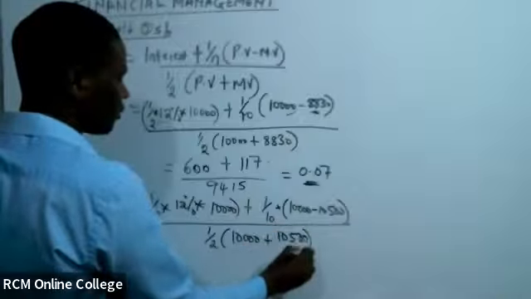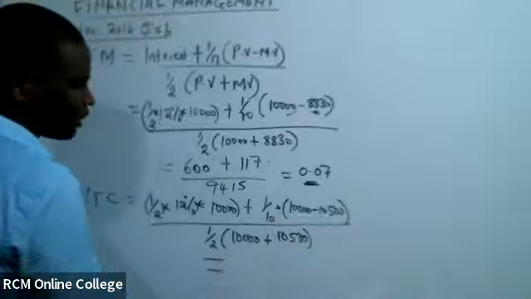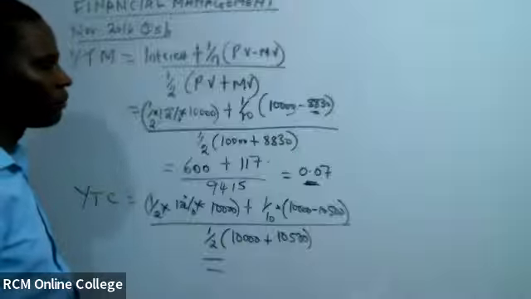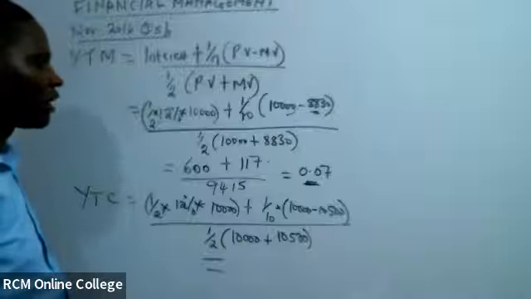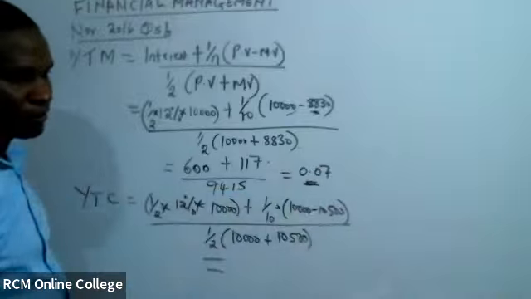Now, when you do the whole of that, what will you get? Just do the whole of that and we get the figure here. I expect that it will be lower than this or that.